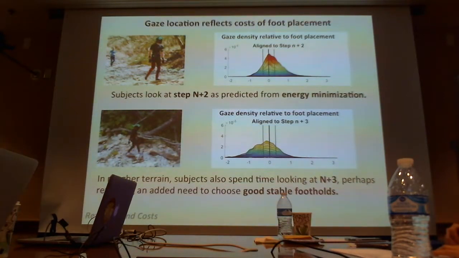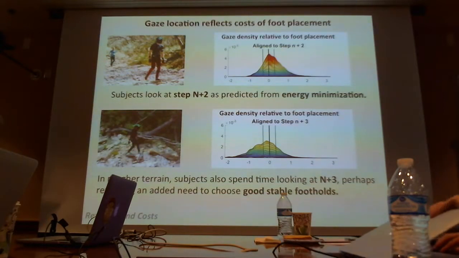Energy is a simple one, but there are other things like time. And in this particular case, stability, right? You don't want to trip. You want to find a nice, stable place to put your foot. So that's an extra thing that has to come in and get traded off. They all have to somehow go into the pot and determine, on a moment by moment basis, where you're looking and where your foot is going.